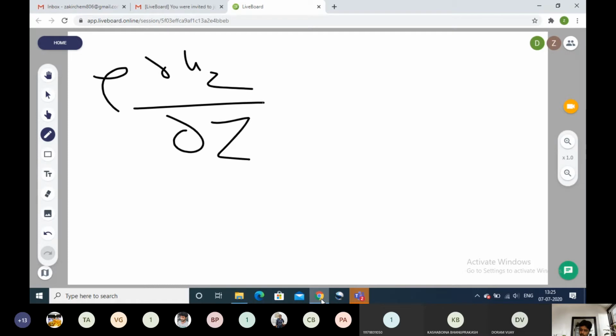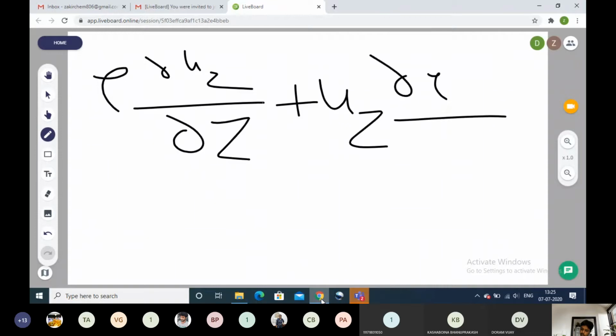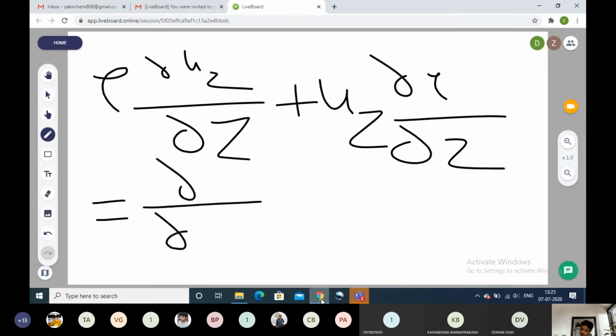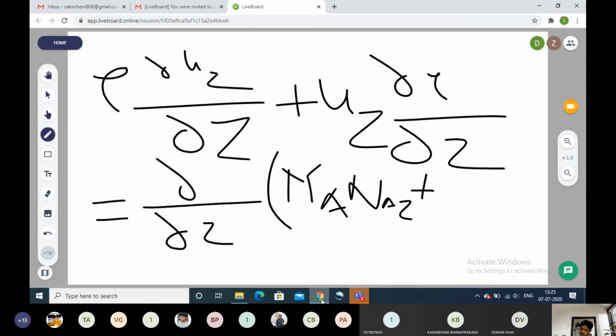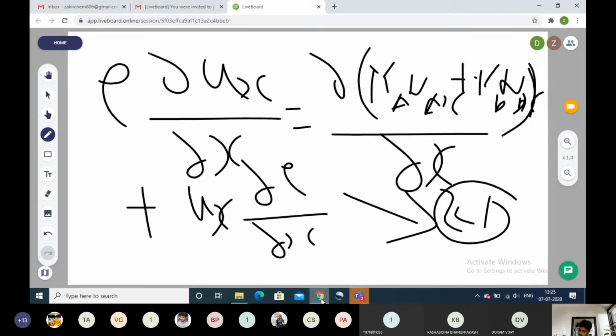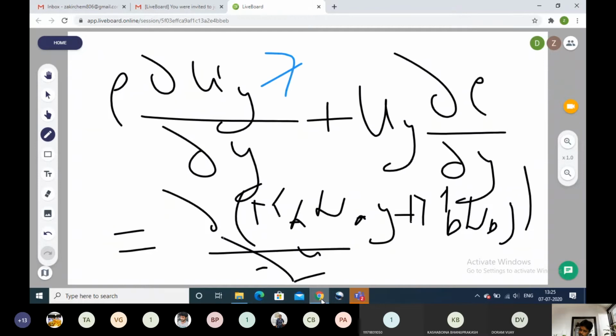Then dou uz by dou z plus the next variable we keep outside the derivative, and dou rho by dou z, whose whole term is equal to dou by dou z with respect to z of MA into NA z component plus MB into NB z component. So these are the equations we have to give. This is equation 21 and this is equation 22.